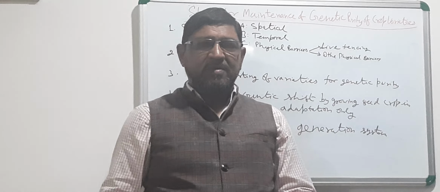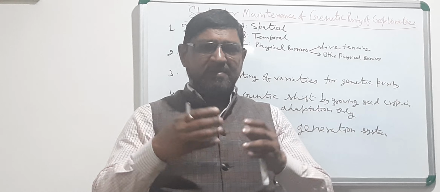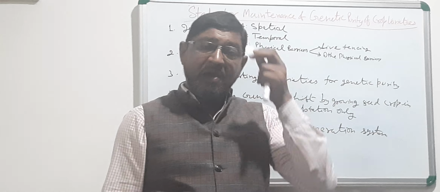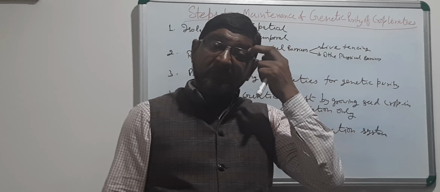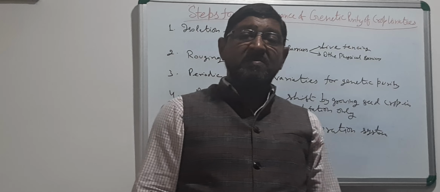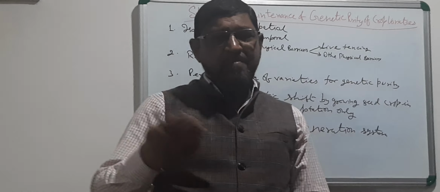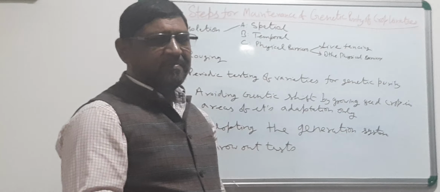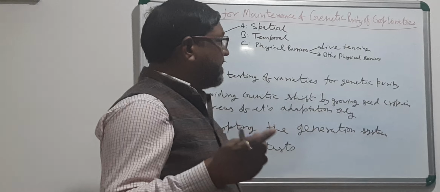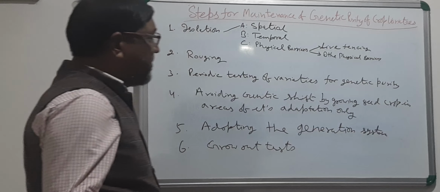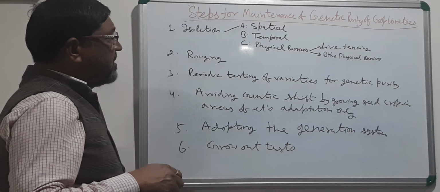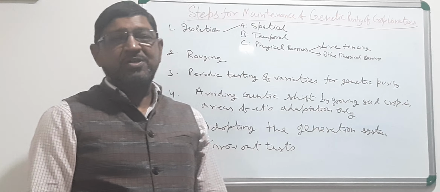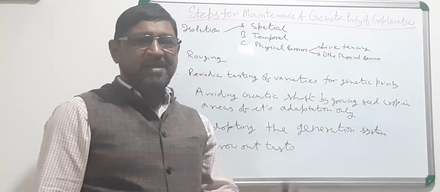There is a table in the minimum seed standards rules for every crop giving the minimum isolation distance. I may give you the whole list later, or refer you to the book from where you can take the isolation distance for different crops. So this is spatial isolation.